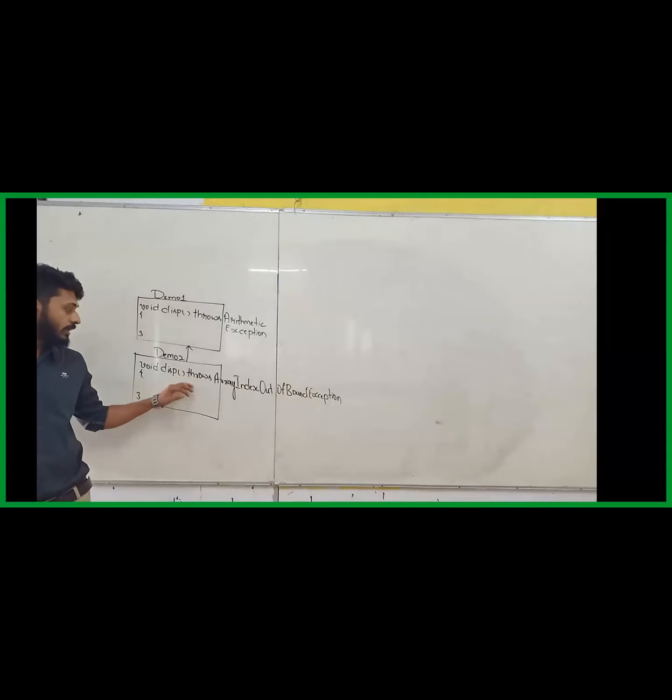This is one more scenario. You have overridden a method. After overriding the method, here you want to change it. Means you try to write code in such a way that it will try to throw ArrayIndexOutOfBoundsException. Will it work or not?